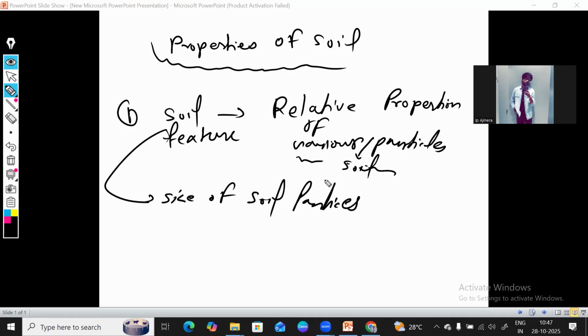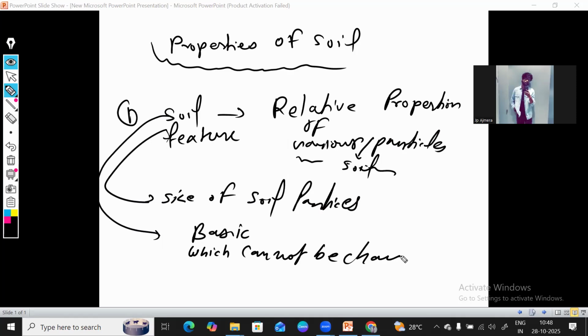I hope it's clear to you guys. There is no complicated sentence. It is a basic property of soil, which cannot be changed. Another line is that in field conditions, soil texture is generally determined by the field method.